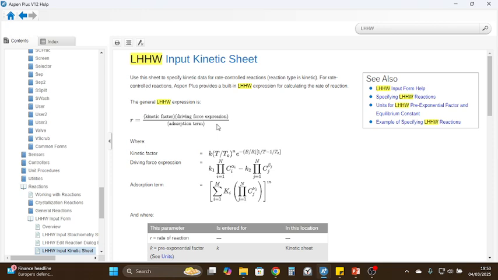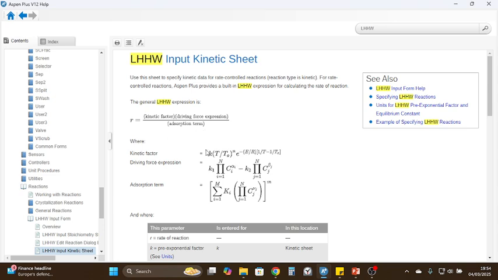Over there, different driving forces come into action. This reaction rate is determined by three factors: one is the kinetic factor, next is the driving force expression, and in the denominator it is the adsorption term.